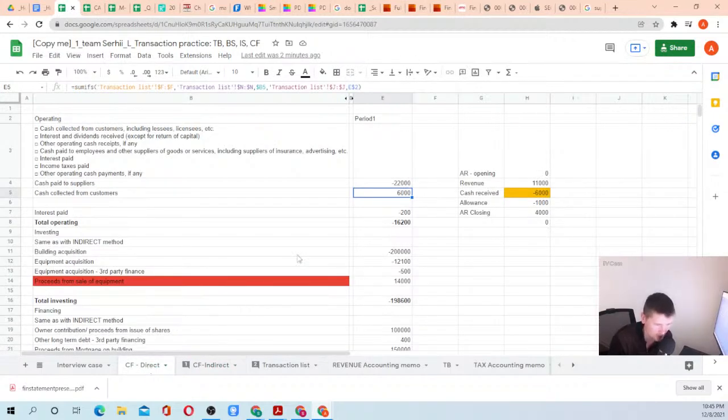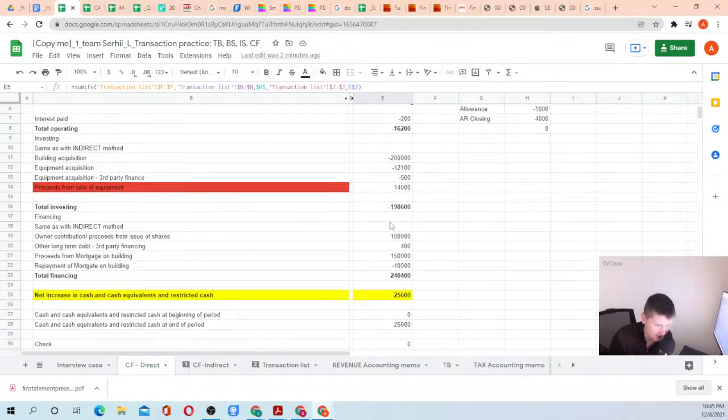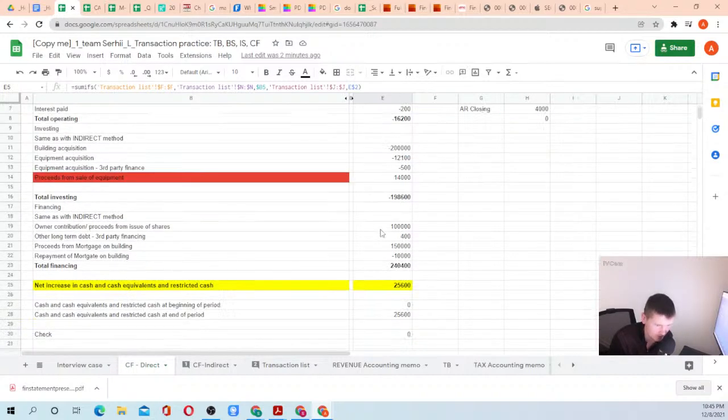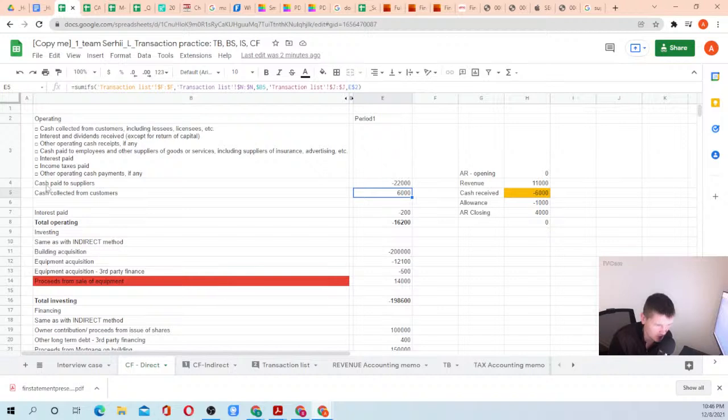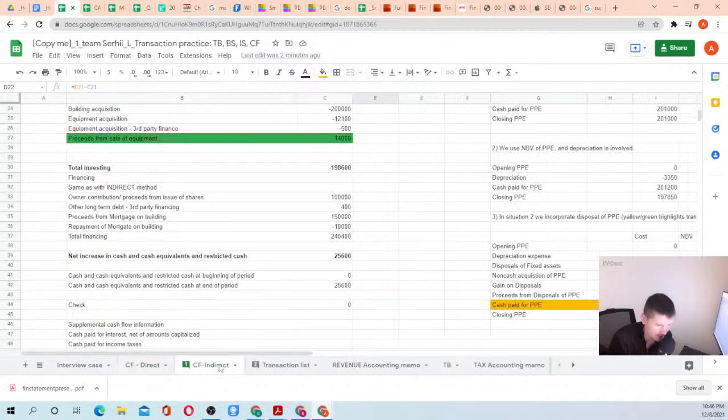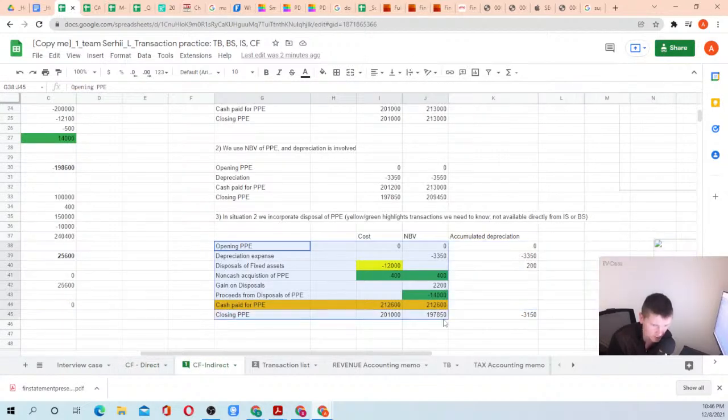You have to know what your numbers are, and that usually you are not able to get a direct method of cash flows, so you have to make these roll forwards to figure out what your correct number is, like through cost or net book value.